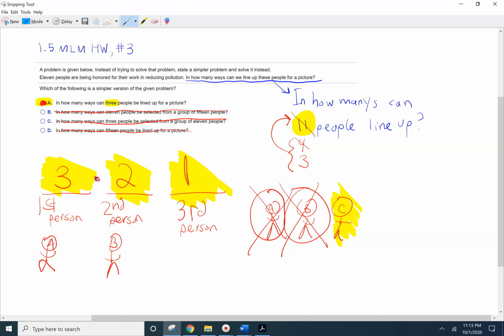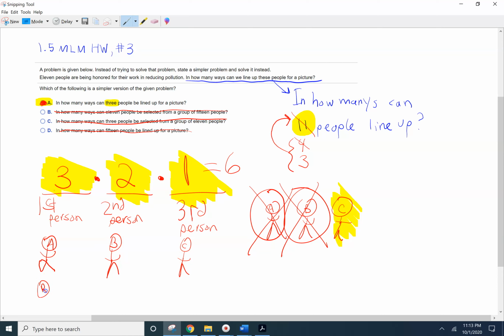The multiplication principle just says you multiply the number of ways to get the first person times the number of ways to get the second person times the number of ways to get the third person. When I multiply that all together, there are 6 total ways. So the combination I chose, person A, person B, person C, is just 1 out of 6 possible ways.